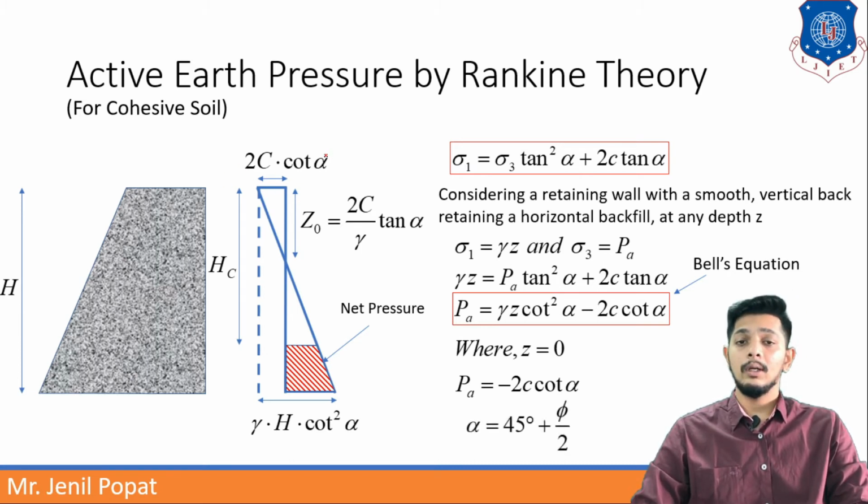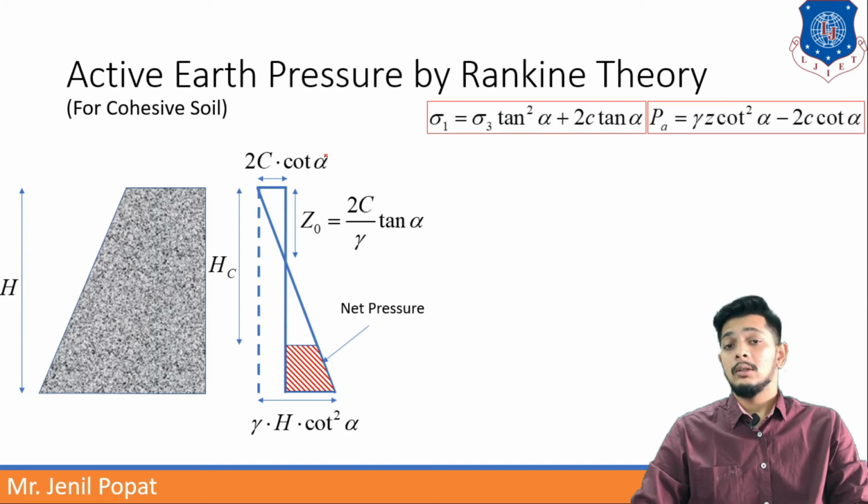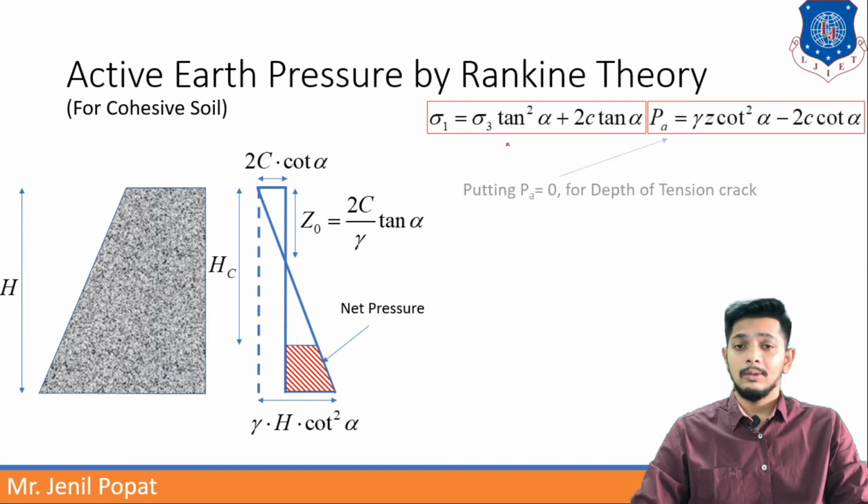Let us move forward. Here we have marked both these equations. Now I am putting PA as 0 because I want to find out the depth of the tension crack. Because in the same pressure diagram, if the retaining wall is feeling negative as well as positive values of pressure, then it will break in between both of them.